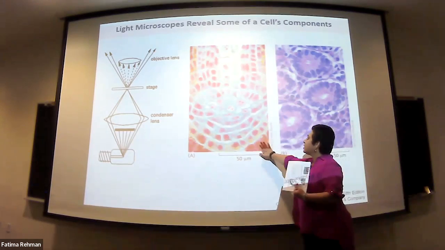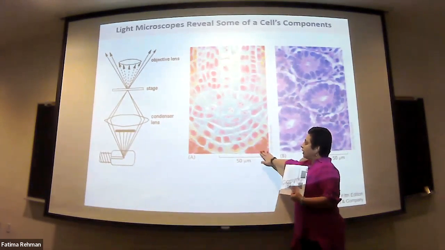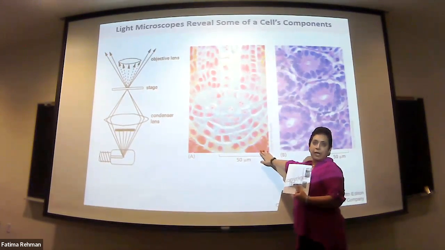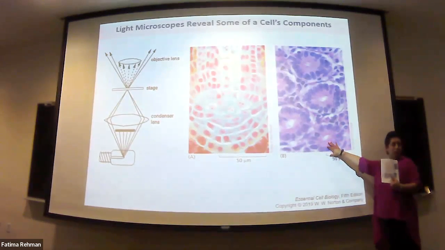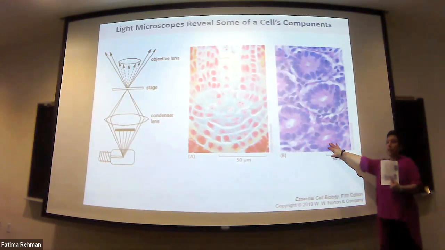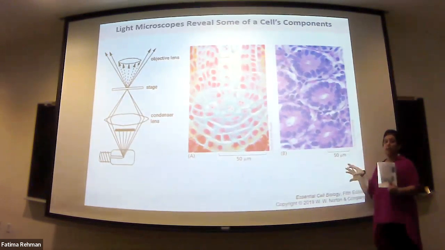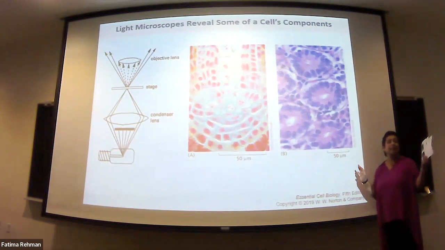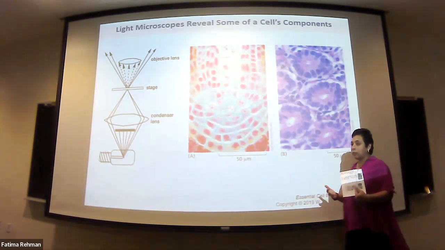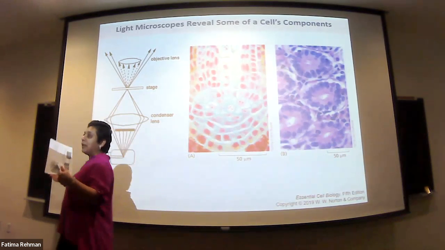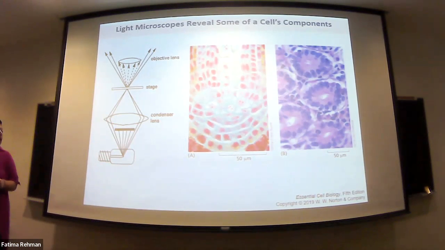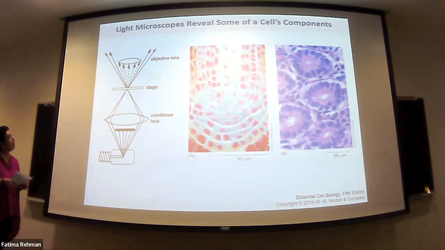So here, for example, is a cross-section using a lower magnification versus a higher magnification. You can see a lot more details, right? And I will tell you, the difference between 400x versus 1,000x is night and day. You see a lot more resolution, a lot more structural integrity at 1,000x. So it's amazing how much more you can see.